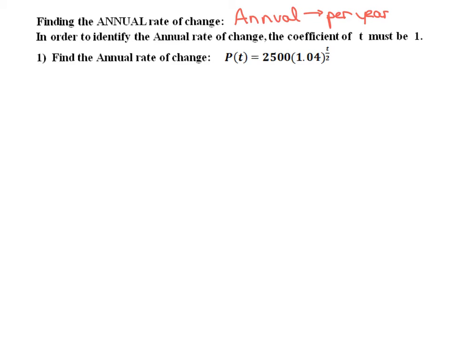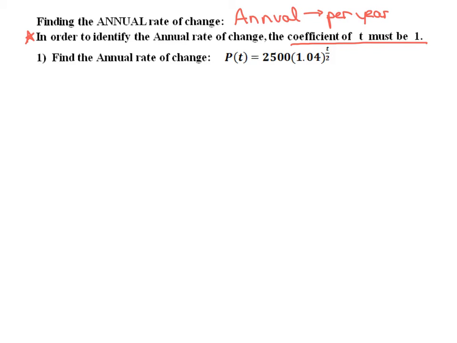The most important thing to remember here is that in order to identify an annual rate of change, my t must have a coefficient of 1. So in the past we've seen some examples where we have other than 1 with the t. We might be either dividing by a number or multiplying by a number. But if we want annual rate of change, we have to make sure that our coefficient of t is 1.